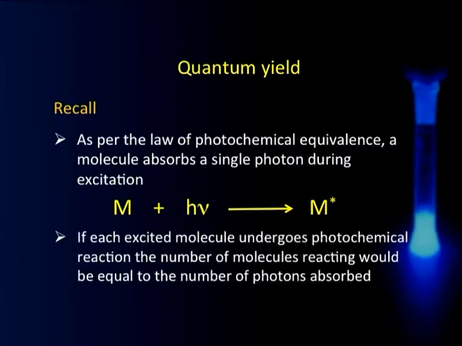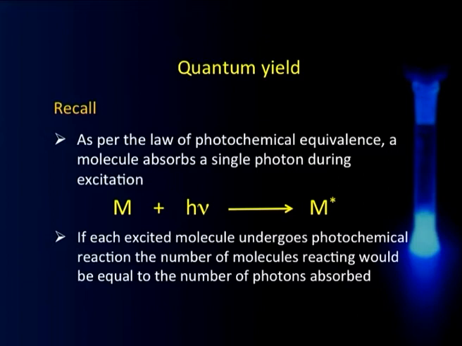Now, suppose there are 100 molecules and each one of them absorbs a photon and becomes excited, and each of these excited molecules undergoes a photochemical reaction, then the number of molecules which will be reacting will be equal to the number of photons absorbed. That means 100 photons absorbed, 100 molecules reacted.